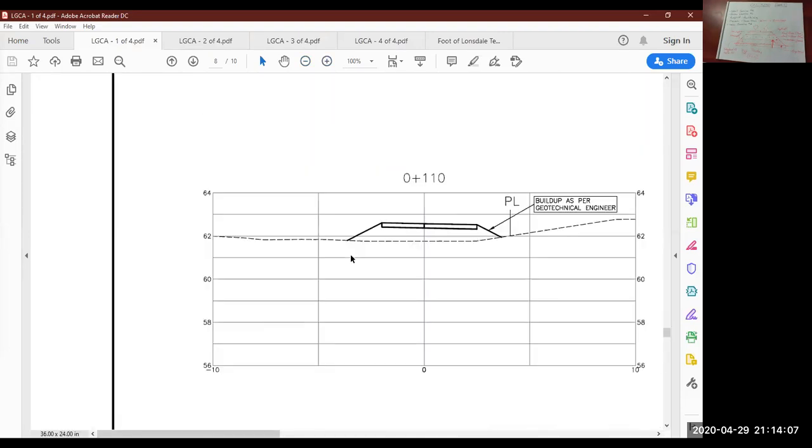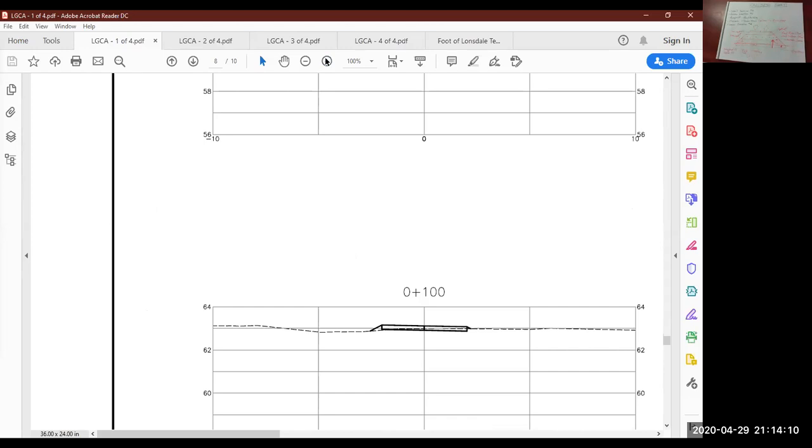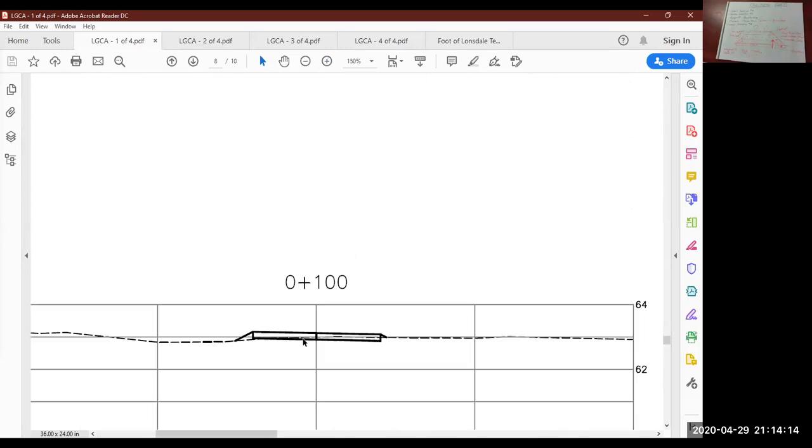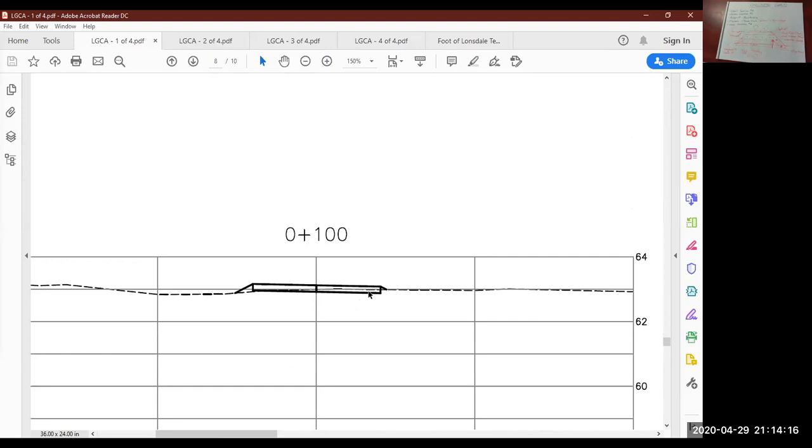If we look closely on that one, really zoom in here, there is barely any cut there. You can see the dashed line. It just slightly comes up into the road gravels. So you have a real minor cut area there.